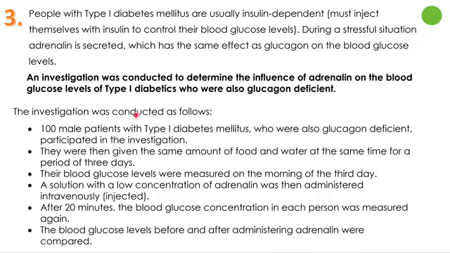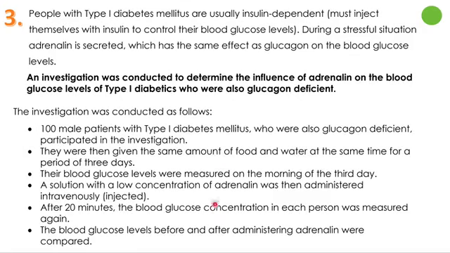Okay, so during this investigation, the following things were done. 100 male patients with type 1 diabetes mellitus who were also glucagon deficient participated in the investigation. They were given the same amount of food and water at the same time for a period of 3 days. Their blood glucose levels were measured on the morning of the 3rd day.